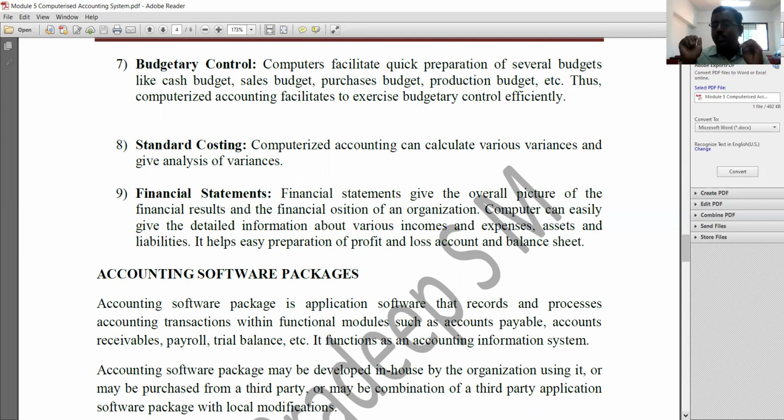It must not cross the standard cost. Understood? So computers can be used in standard costing. Then the last one is that we can use computers in financial statements. Financial statements means we need to prepare the trading account, profit and loss account, and balance sheet. We can do all those things with the help of computers.